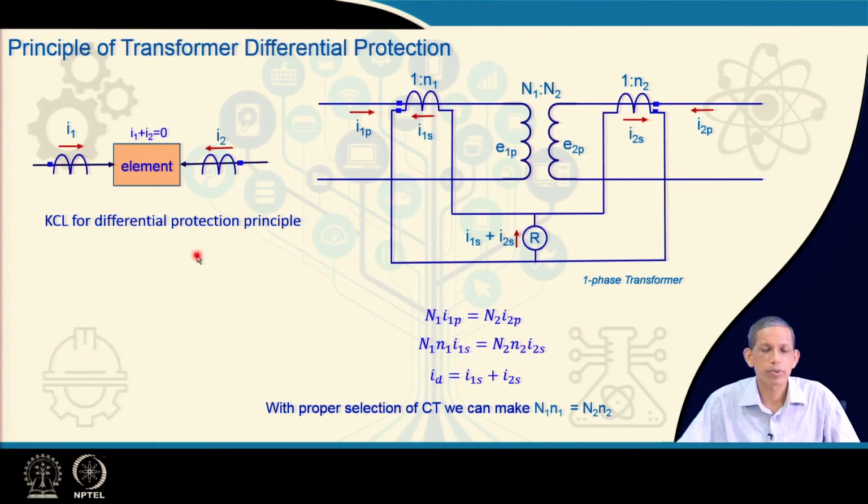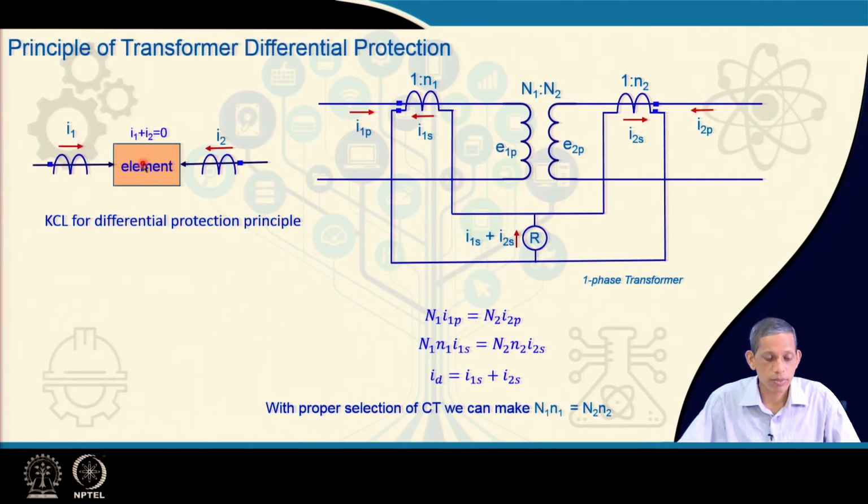If you have current sensors at both sides, you can take the corresponding currents from these two sensors and apply KCL. If you see the current directions here, it leads to I 1 plus I 2 equals 0, which is what KCL says.